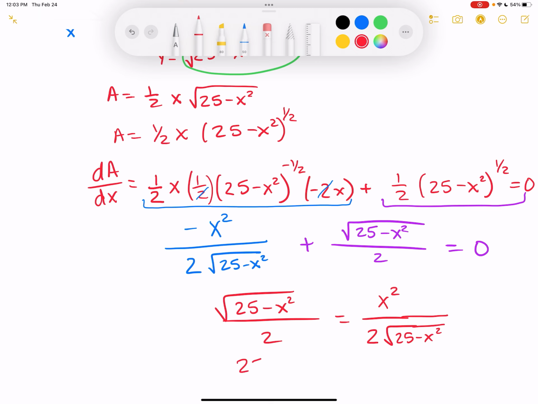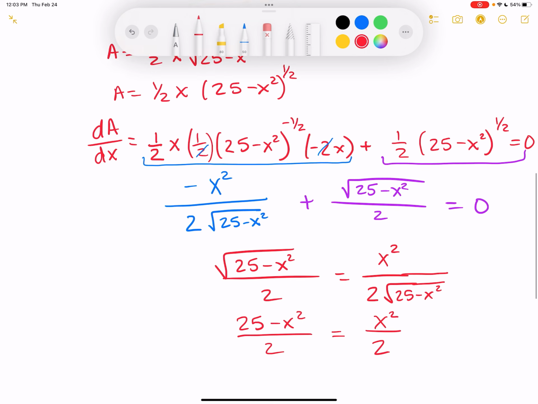So 25 minus x squared over 2 equals x squared over 2. Multiplying either direction by 2, the 2's are going to cancel out for me on that. So I'm going to be with 25 minus x squared is equal to x squared.